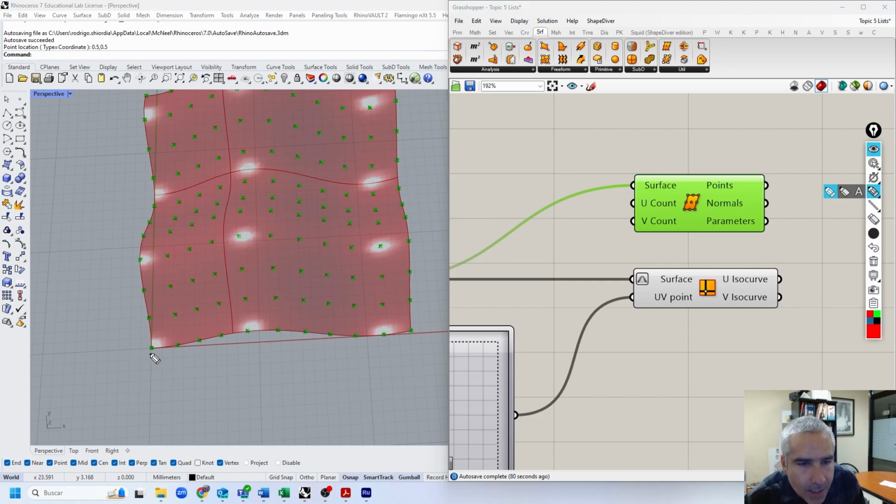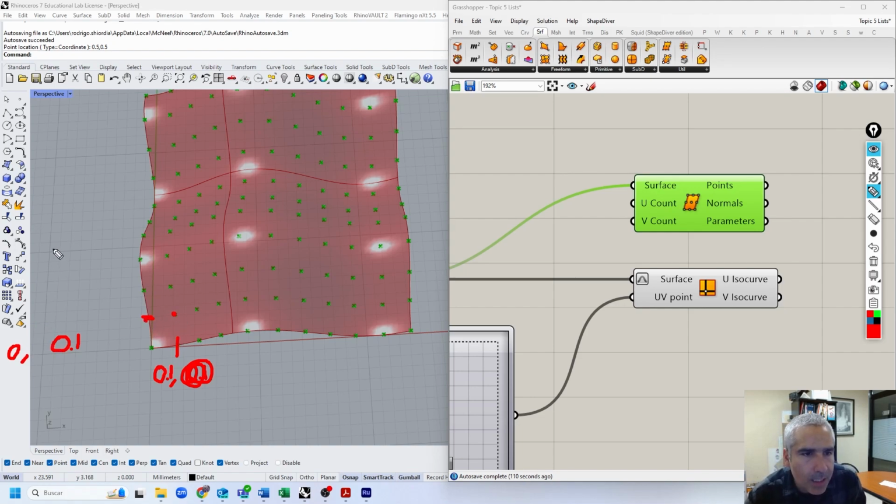If it was, this point right here would be 0, 0.1, because this direction is divided into 10. And this point would be 0.1, 0. And this would be 0.1, 0.1, this point right here.